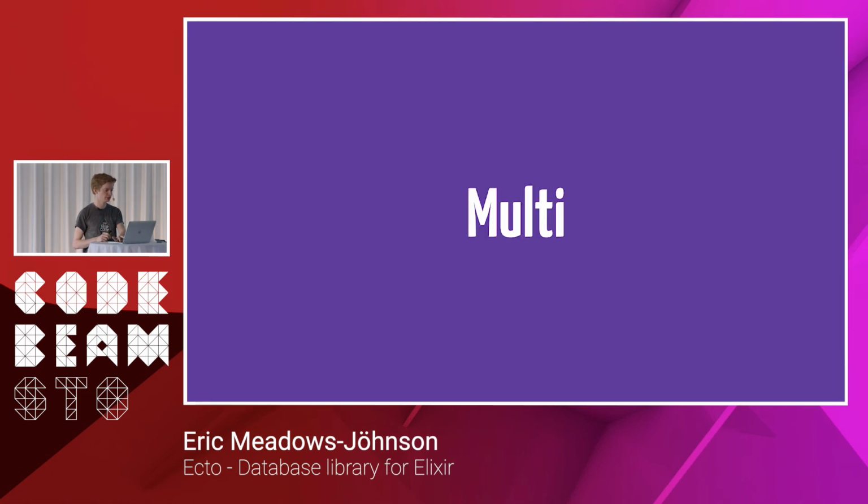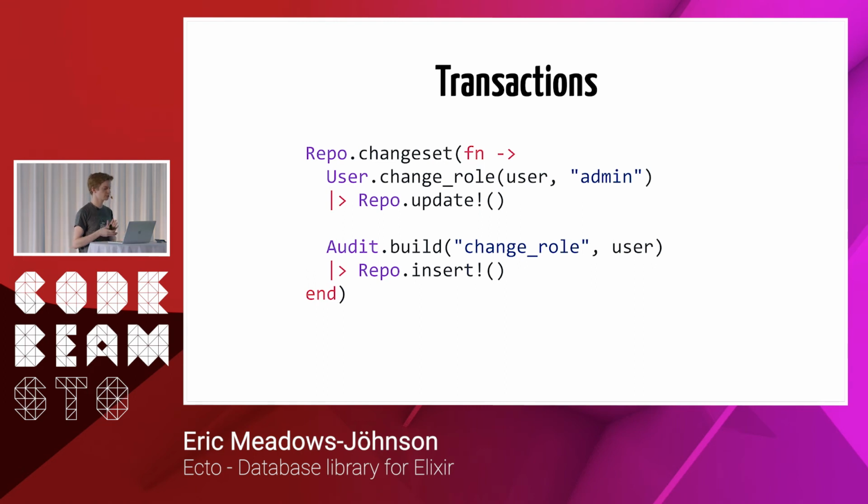So we also have multi, sort of like changeset. Multi is a data structure that we can use to compose things with. To show what multi solves, let's look at how you would do multiple changesets.